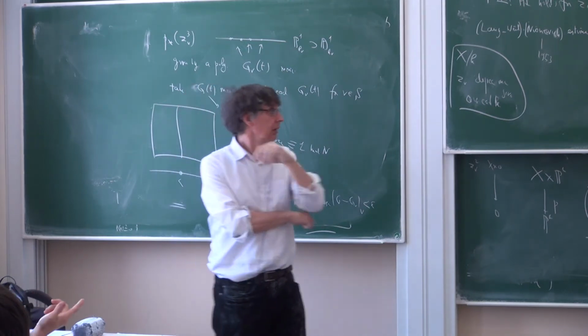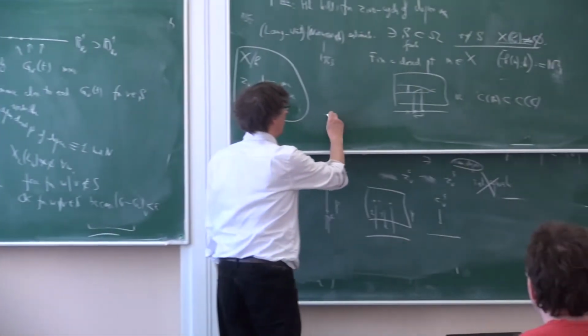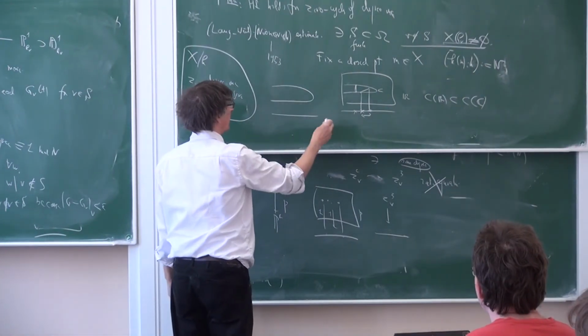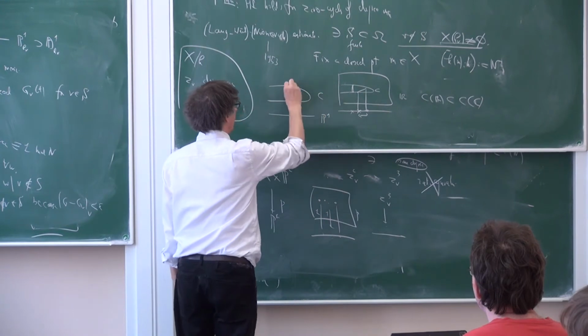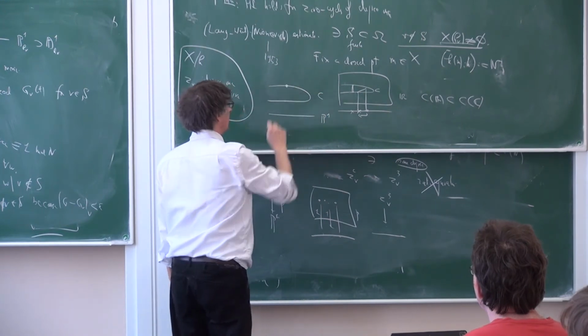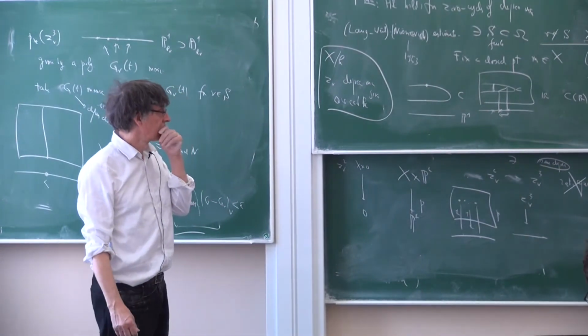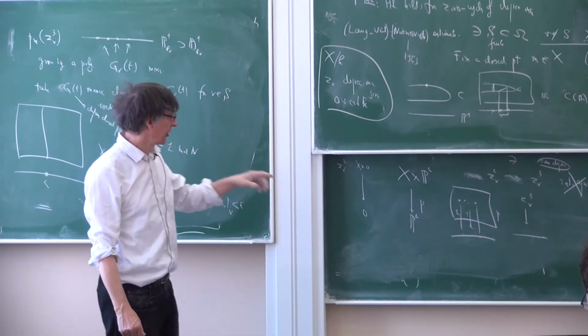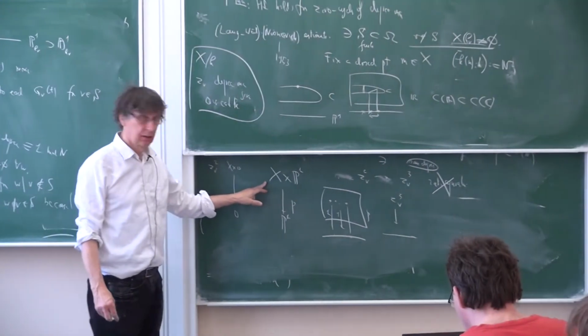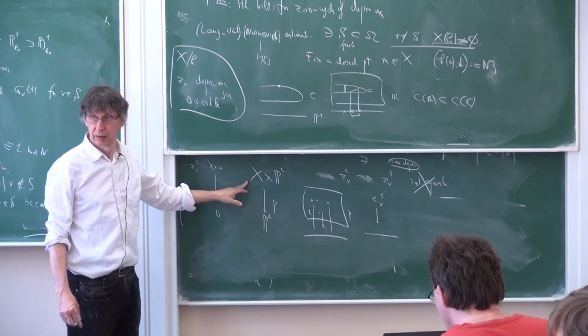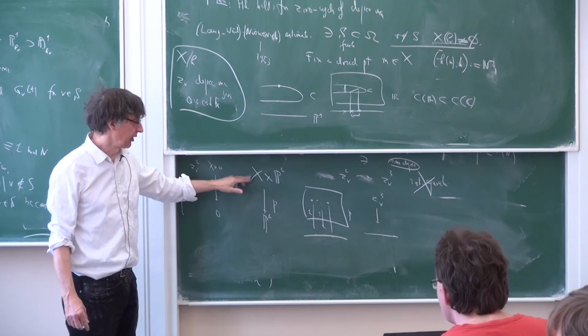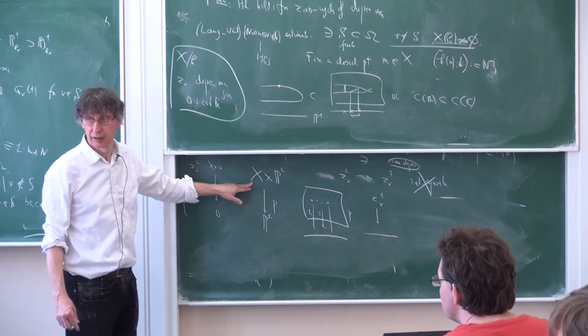So you want to reduce this to the case of a curve. Okay, I agree. We have just X cross P1, and here we have P1s that are parallel to P1. But we don't have the P1s, because we don't know whether there are rational points on X.